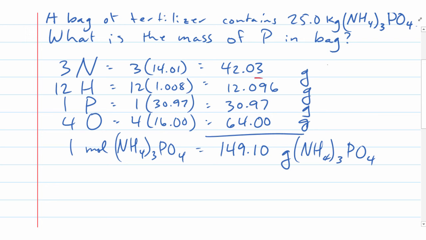And specifically, this would be grams of which stuff? 42.03 grams of nitrogen. Would have 12.096 grams of hydrogen. Would have 30.97 grams of phosphorus and 64.00 grams of oxygen. So these here represent those masses.